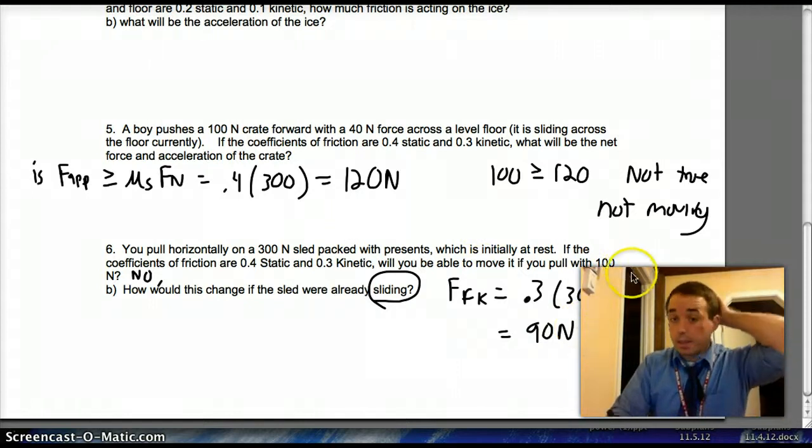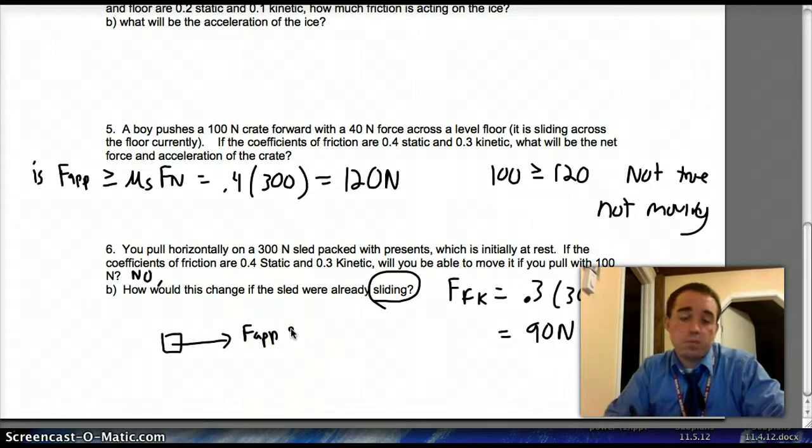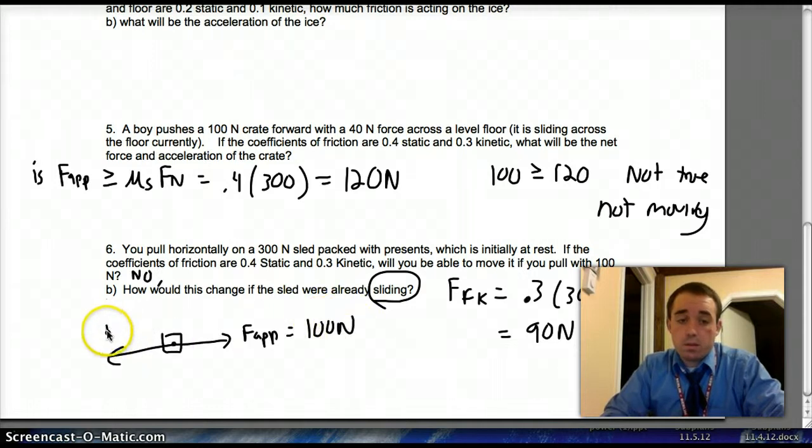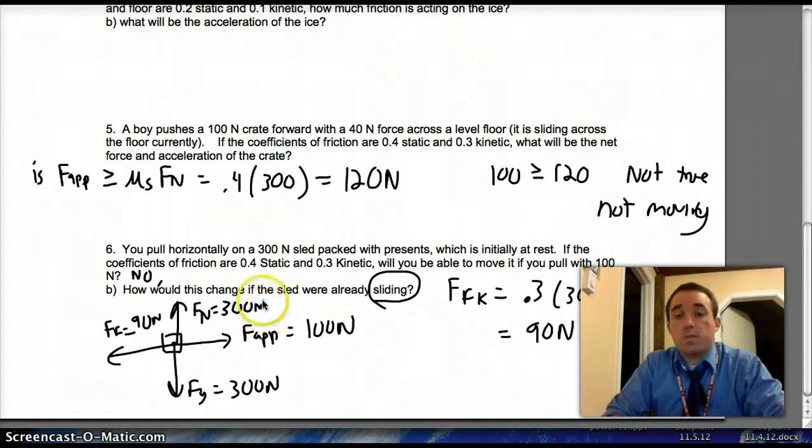So I'm pulling with 100. That's my applied force, or probably tension, either way. My applied force is 100 newtons. My friction force is 90 newtons, backwards. And then, of course, I have force of gravity of 300 and normal force of 300 newtons.